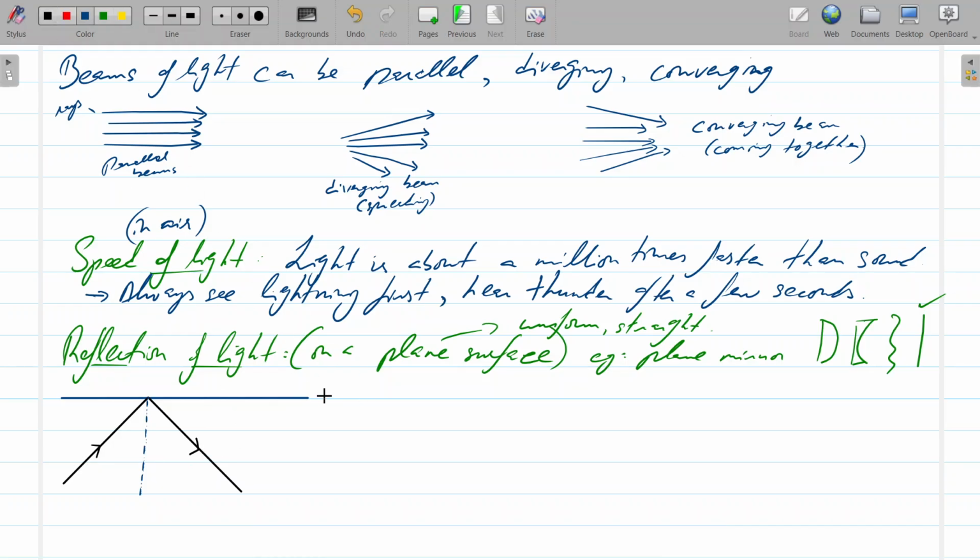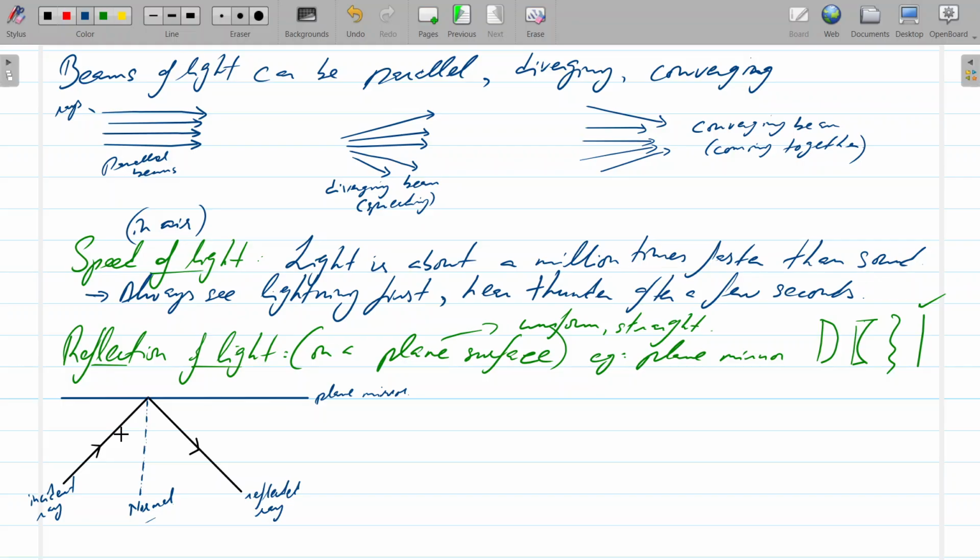This is a plane mirror. This is the incident ray, the ray that's coming in. This is the reflected ray. This is what's called the normal, which was also explained in the video.